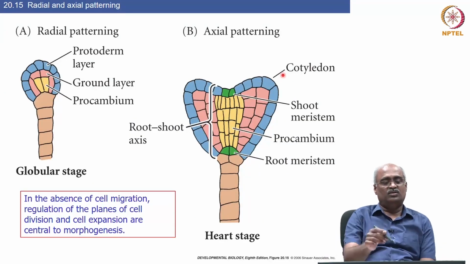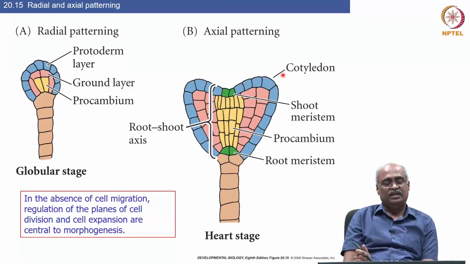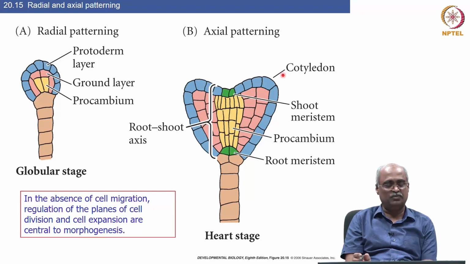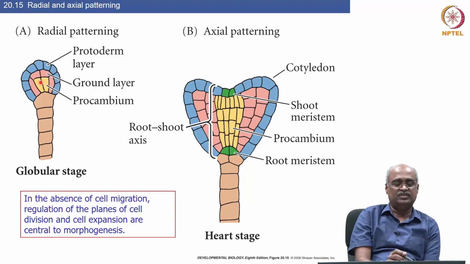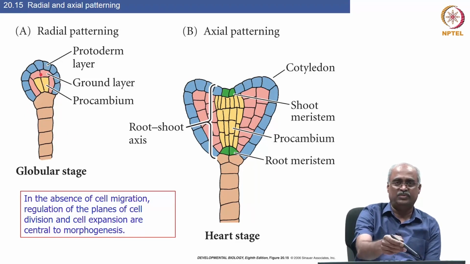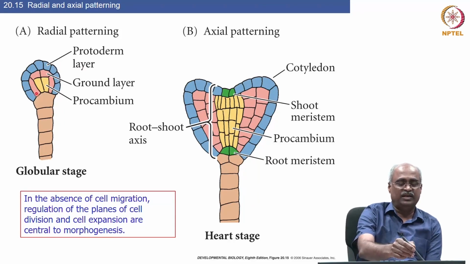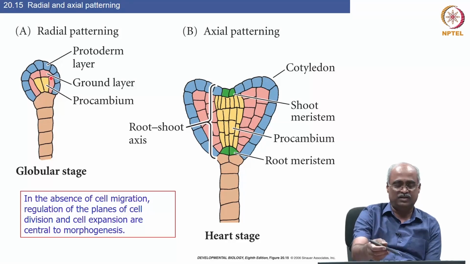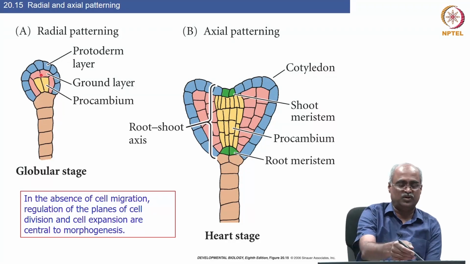Now let us continue with the establishment of the body patterning. I told you that in the globular stage itself the radial patterning becomes obvious. That is indicated in this color coded cartoon here. The outer is the protoderm, which is going to make the dermal tissue, the outer cover of the plant organs. Then you have the inner tissue from which cortex, pith, etc. are going to form.